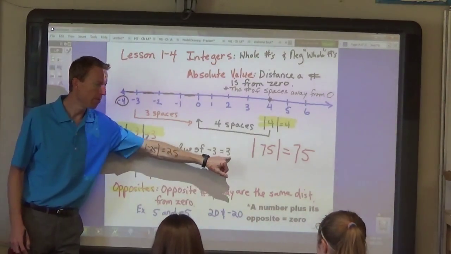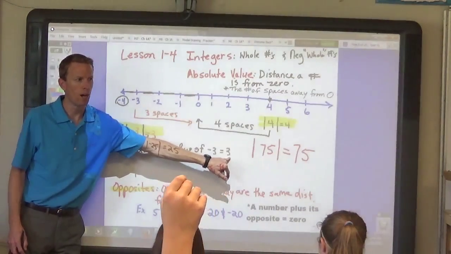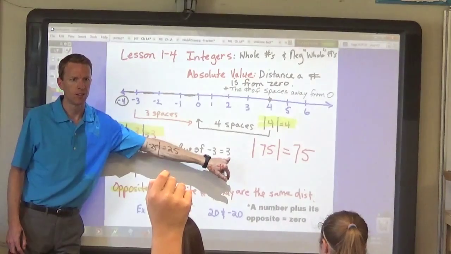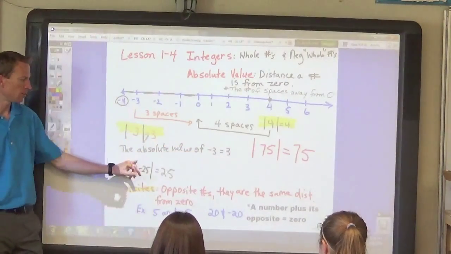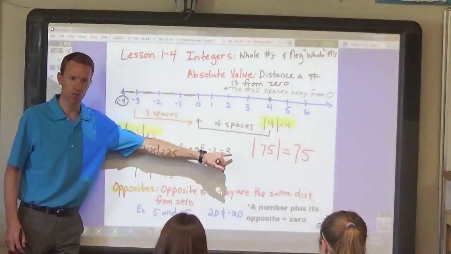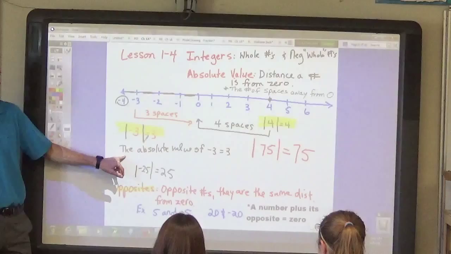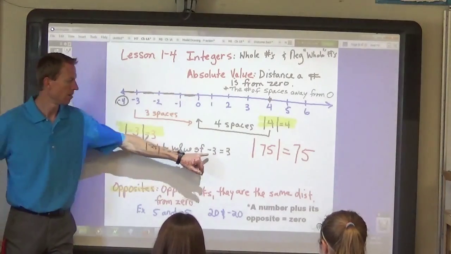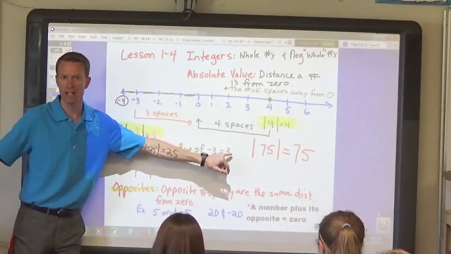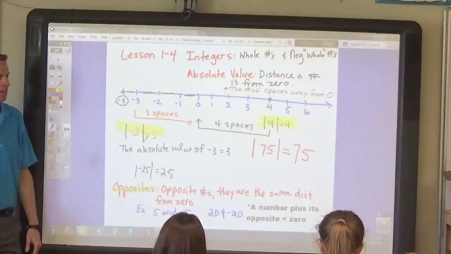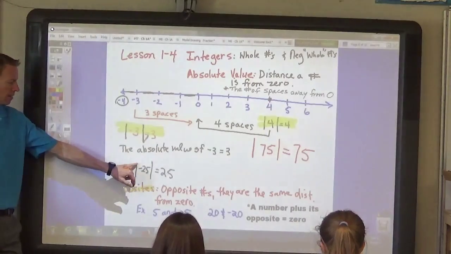What does this 3 mean? 3 what? Sam? Spaces. 3 spaces. Right. The absolute value of negative 3 is 3 spaces. Repeat that. The absolute value of negative 3 equals 3 spaces. Now read this.